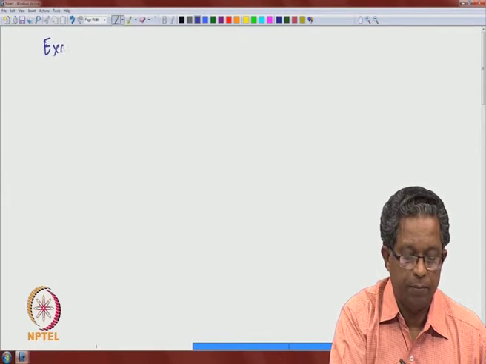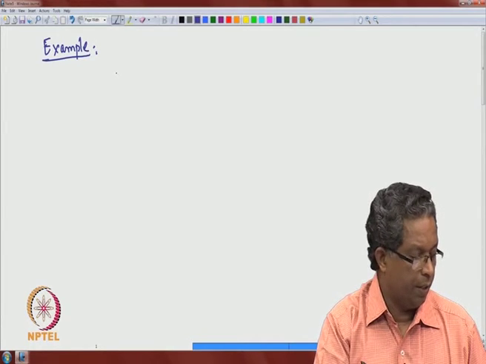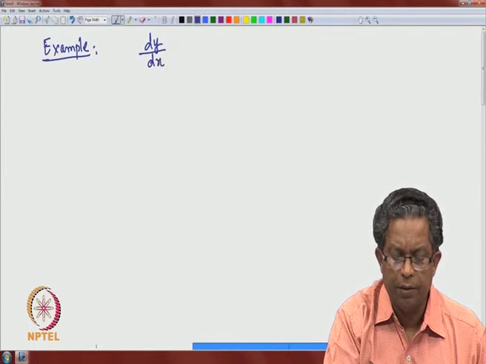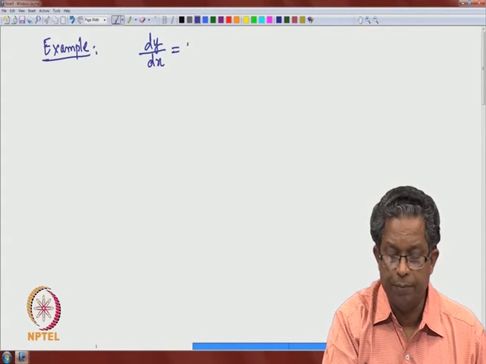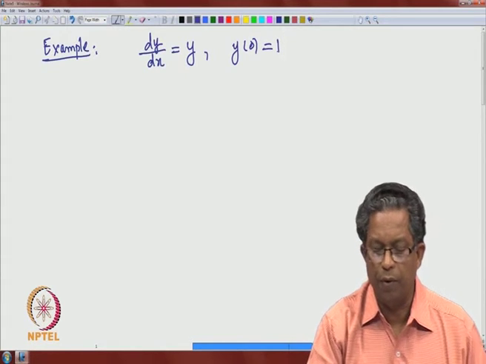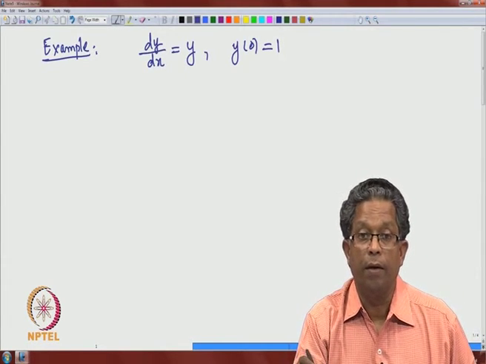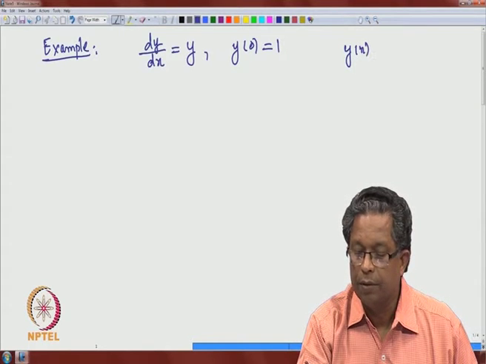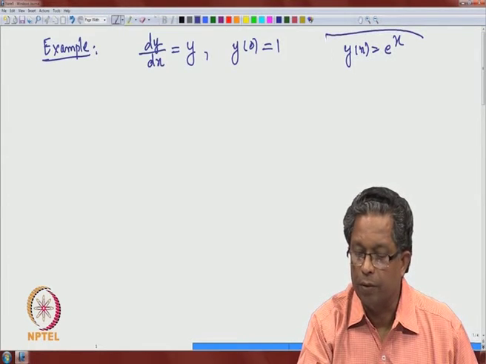So, example. Let us take a very simple linear system, dy/dx is equal to y, where y(0) is 1, which we all know the solution. Okay, it's a linear equation. The solution y(x) is e to the power x, we know the solution a priori.